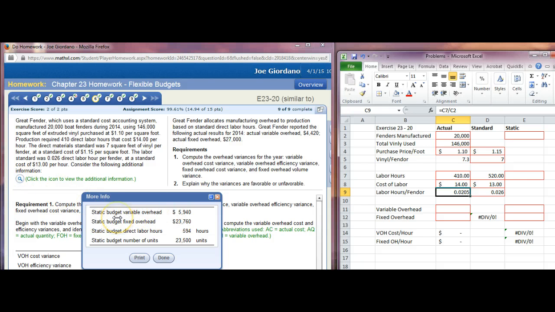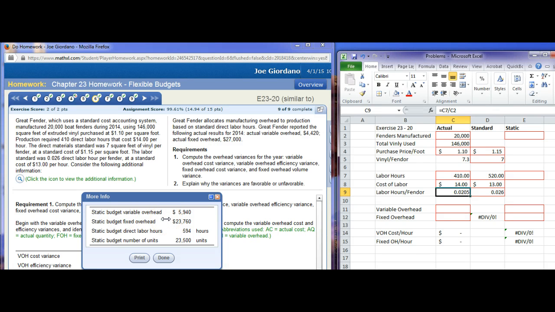Now, what's weird about this problem versus what's in the book is they're really doing a lot of wordplay here. Like they're saying static and standard, and most of the time those are the same things, but in this problem they're not. Like your static budget's going to be really your planned activity at your planned prices, and the standard is actually going to be the actual activity at the actual prices.